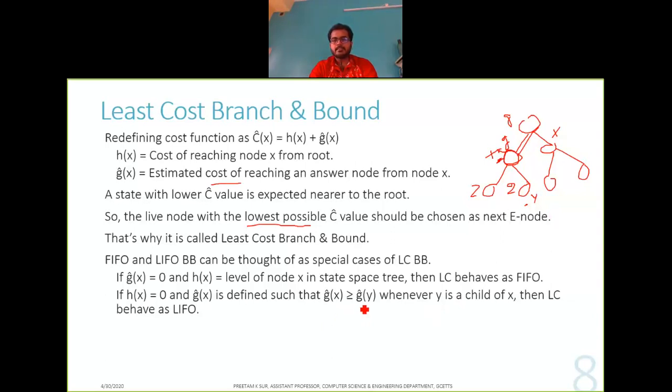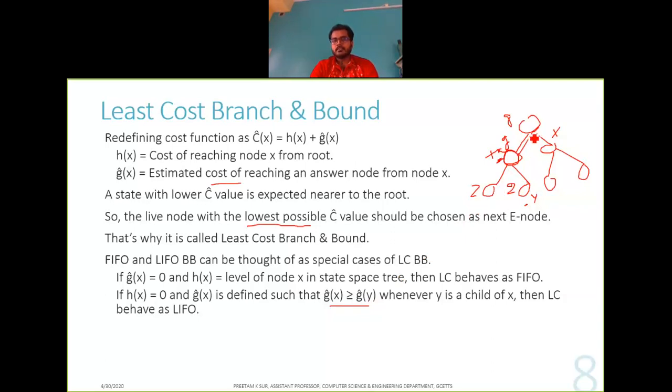You will see that it is greater than or equal to, because this is an estimated value and you cannot guarantee it; it is a non-decreasing or non-increasing kind of value. It can be equal, but it cannot be greater than that.